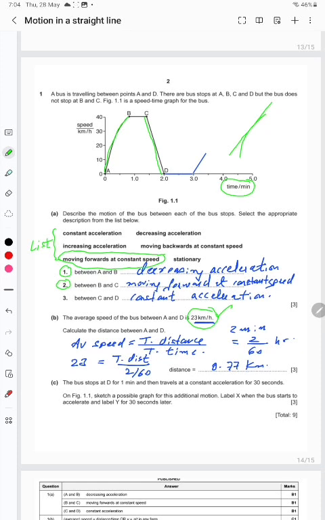You have to convert minutes into hours. You're looking for total distance. Your average speed is 23. The time interval between A and D is 2 minutes. So if you divide 2 by 60, you get this value. And if you write this over here in place of time and cross multiply, the total distance is 0.77 kilometer.